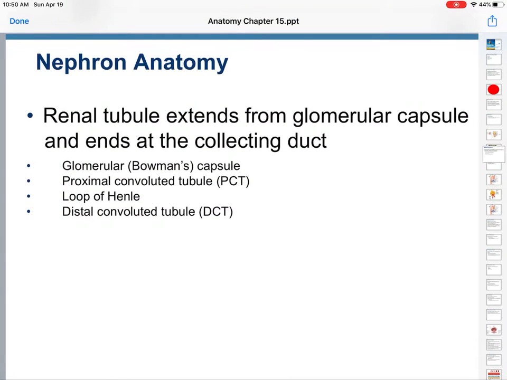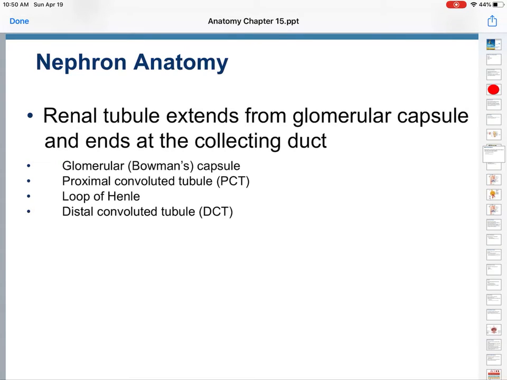Next, you have nephron anatomy. 4 different parts to the nephron. You have the capsule, proximal convoluted tubule, loop of Henle, and distal convoluted tubule. PCT for proximal, DCT for distal. And this extends from the capsule and ends at the collecting duct.